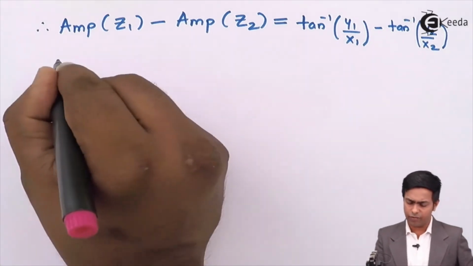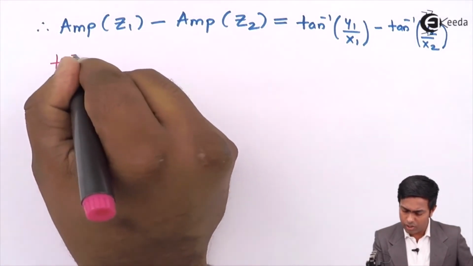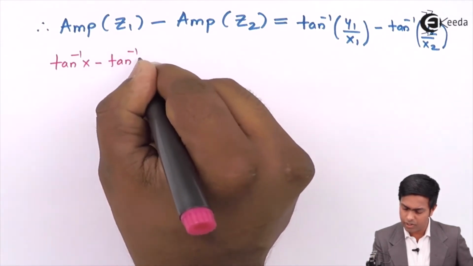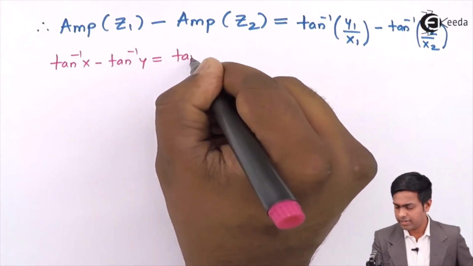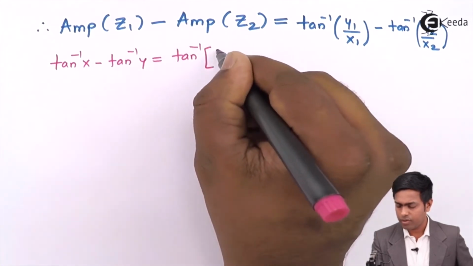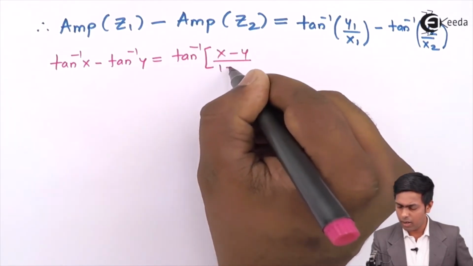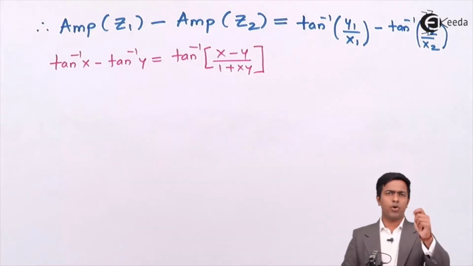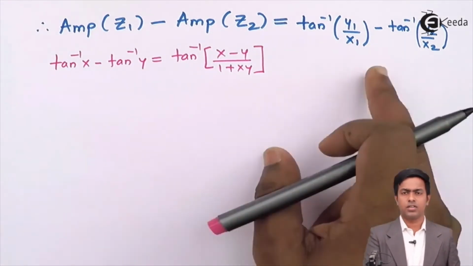Do you know one formula? Here I'll write down that formula, that tan inverse of x minus tan inverse of y is tan inverse of x minus y upon 1 plus xy. So guys, I am going to use this inverse formula here.